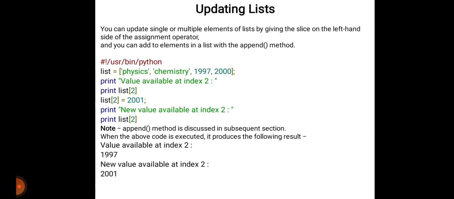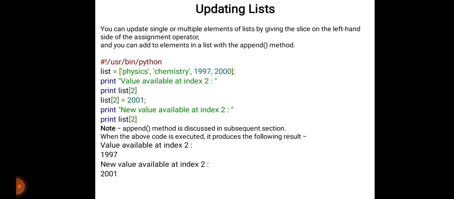The next one is updating a list, or how we can update our list. Updating a list means you can update single or multiple elements of a list by giving the slice on the left hand side of the assignment operator.